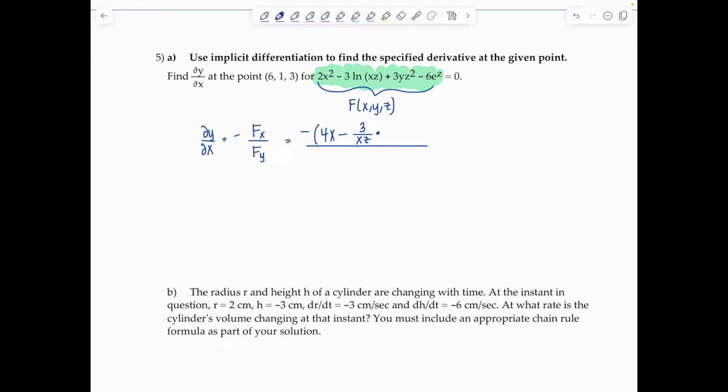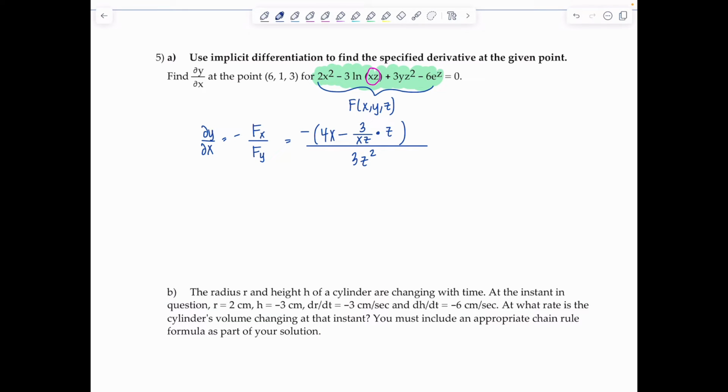And then you have to do the chain rule, multiply by the derivative of xz with respect to x, which is z. And then everything else would just go to 0. Partial with respect to y, the only term that has y in it is 3yz squared. So the derivative would be 3z squared.